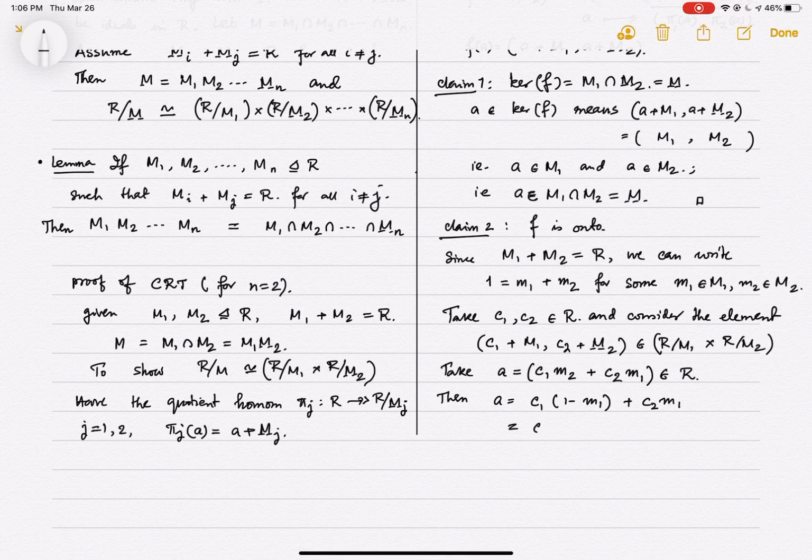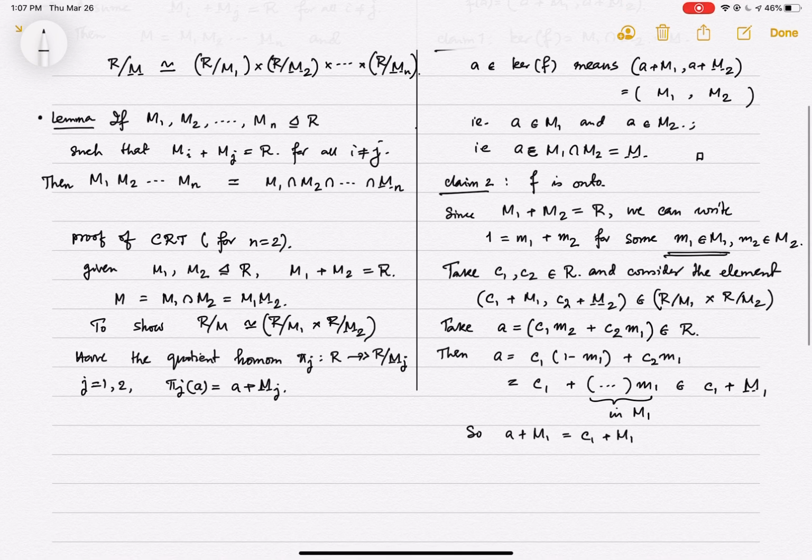So that's equal to C1 plus something times m1. And m1, remember, is from capital M1. So this thing is a multiple of m1, so this is in M1. So this is in C1 plus M1. So A mod M1 is the same as C1 mod M1.